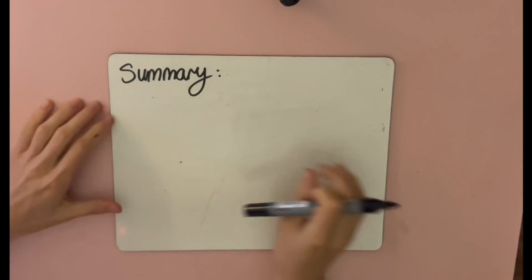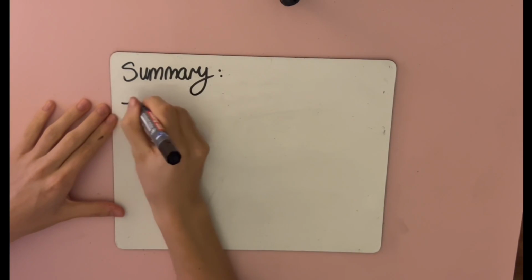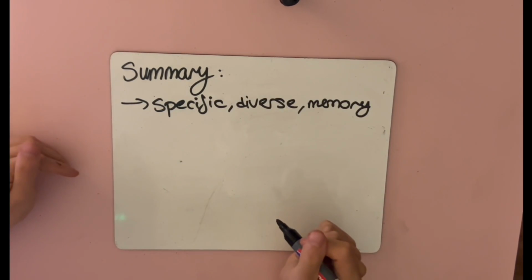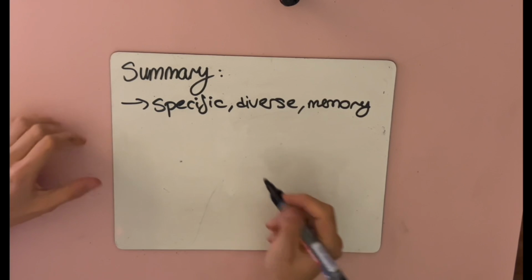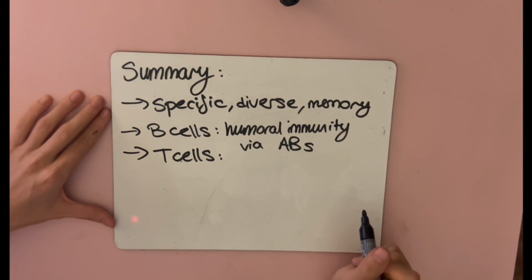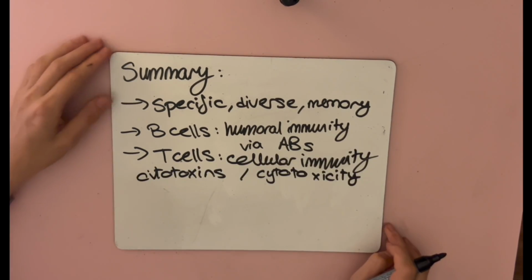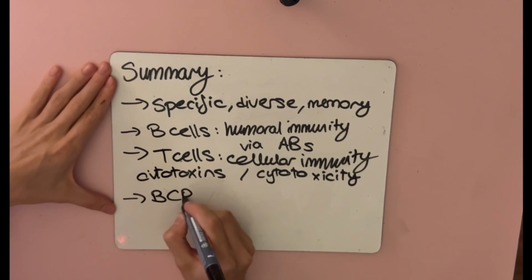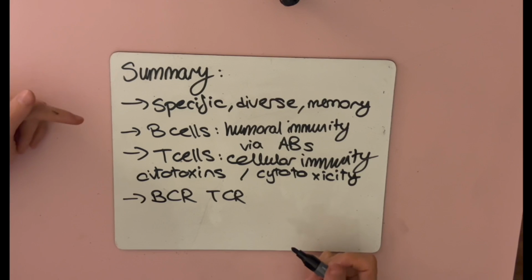So, in summary, the adaptive immunity is specific, diverse, and capable of memory. B cells mediate humoral immunity via antibodies, and T cells mediate cellular immunity via cytokines or cytotoxicity. Adaptive receptors, for example, B cell receptors and T cell receptors, arise from somatic gene rearrangement.